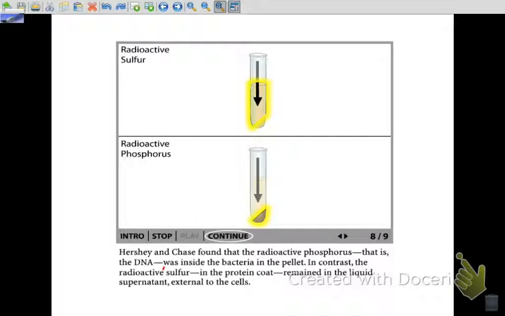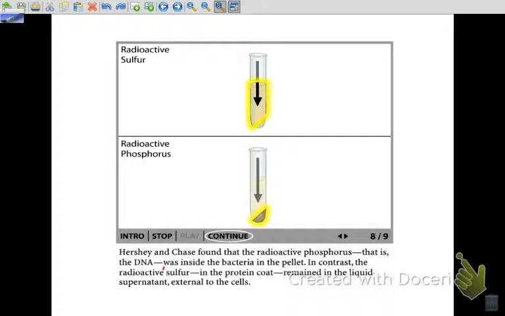If the pellet of the sulfur one was radioactive, then we would know that the protein actually went into the cells. But because the cells were radioactive with the phosphorus, that's the DNA, that's how Hershey and Chase figured out that DNA was actually injected into the cells.